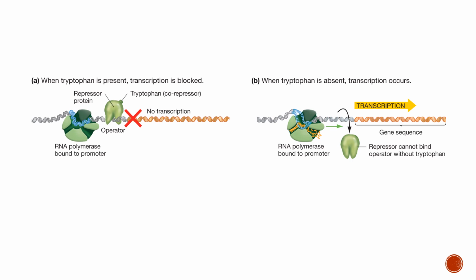So again, here with tryptophan, we're still using negative control because we're talking about the repressor. It's just a different example. Here, the repressor is only going to attach if that co-repressor is there. If tryptophan isn't present, if that co-repressor isn't there, then the repressor doesn't bind and transcription is going to occur.